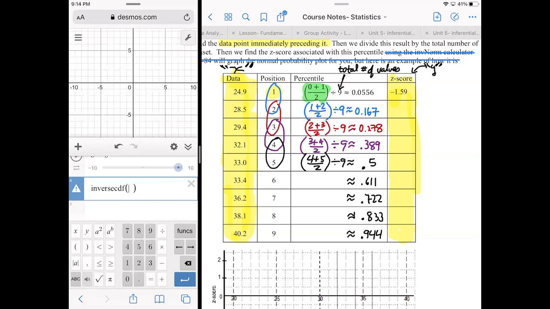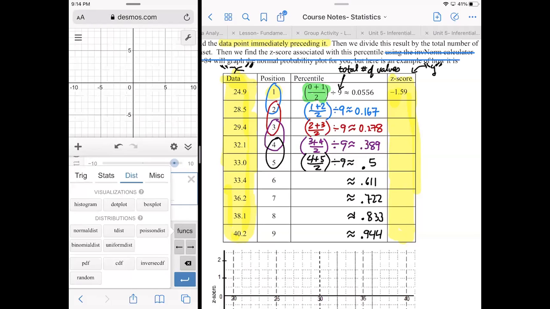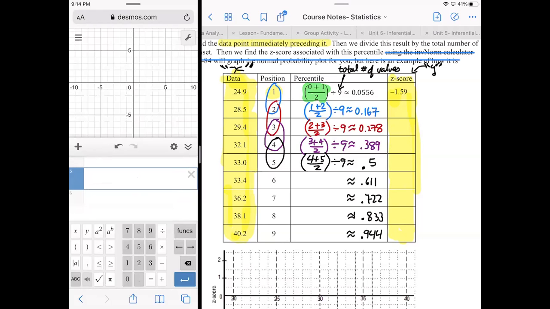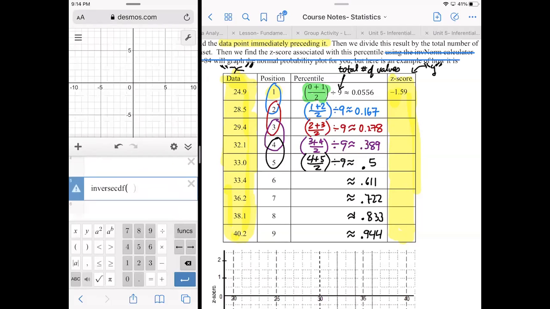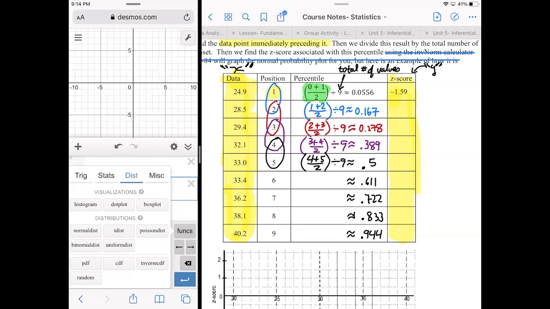So we're typing in the inverse. So it's inverse CDF, and I'll walk through that step in a second. But then, actually, I'll walk through it now. So function, inverse CDF. This is the part that you're not going to like. And I'm going to see if I can figure out a workaround because I don't like it either.